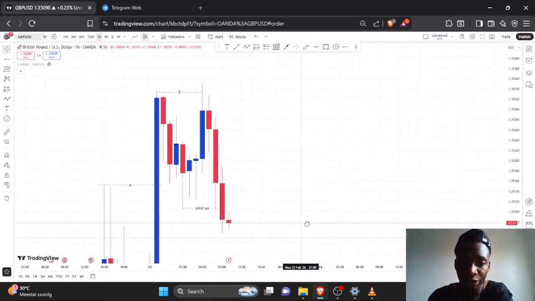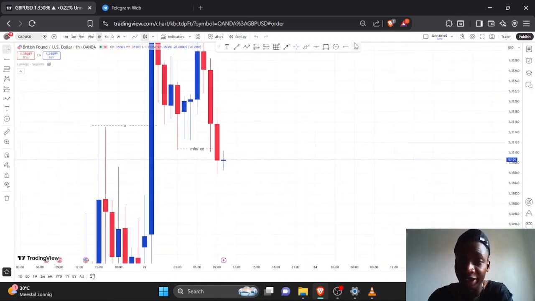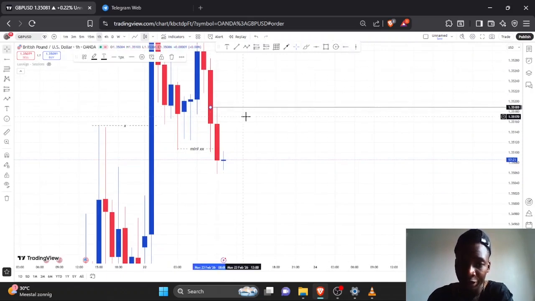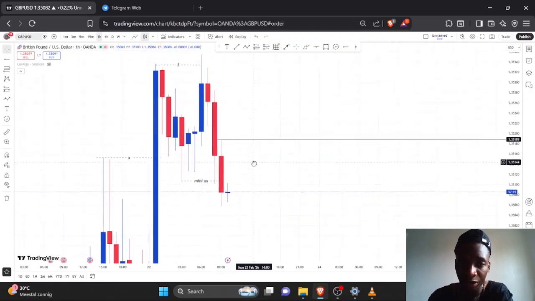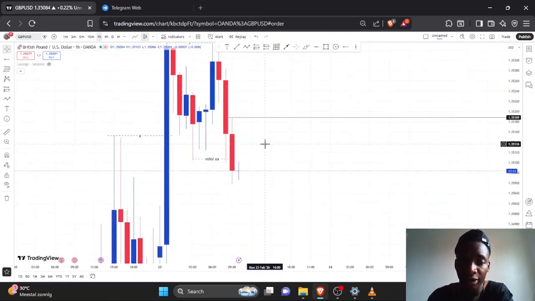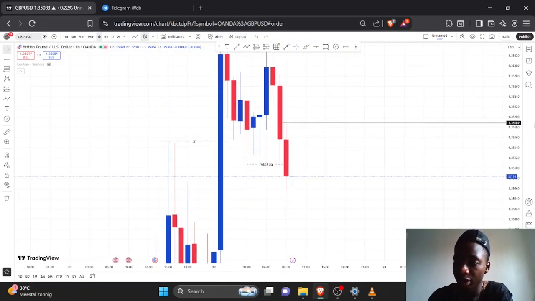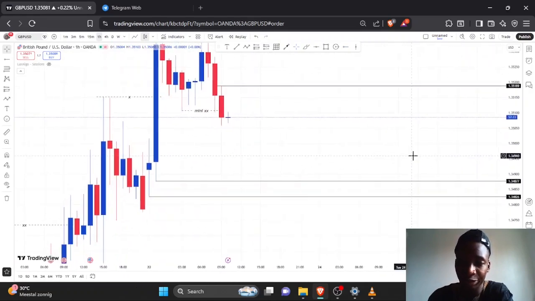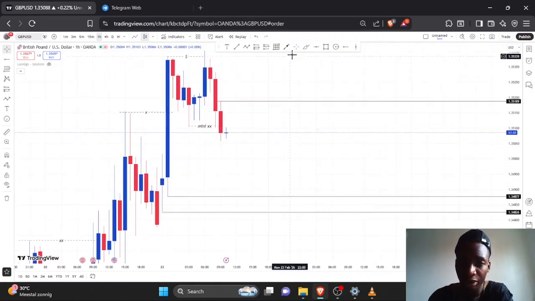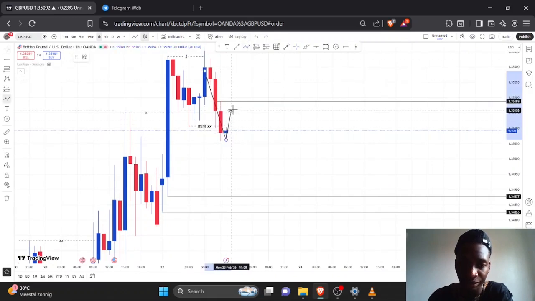So we're going to be mapping out liquidity points on the buy side. That means the reaction we'll be expecting is when the market reaches here. Going to this point, we'll be expecting a reaction. But with my experience, and how long I've been in the market, I'm very sure the market is just going to move like this, to this point.